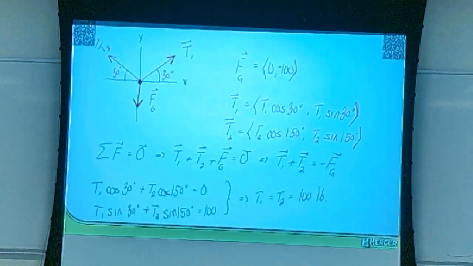If we were to add both of those vectors together, we would get 100 pounds upward at 0 degrees. Yeah, when you add the vectors together, it's 100 pounds straight up. That's just showing the direction. But notice the sum of the magnitudes is twice the magnitude of gravity, which is kind of counterintuitive.